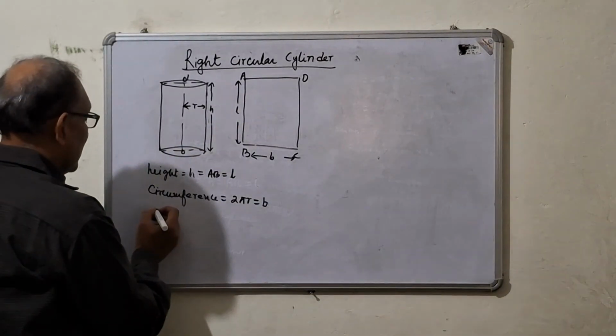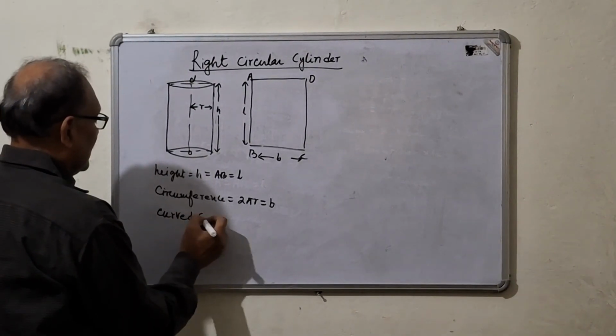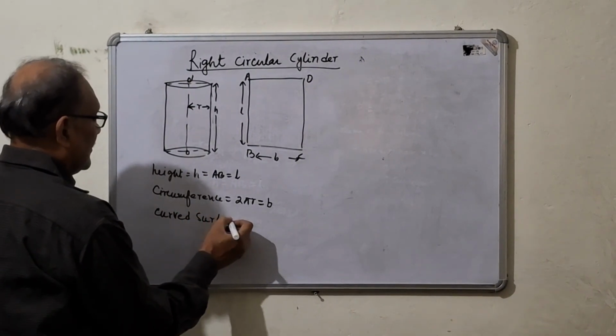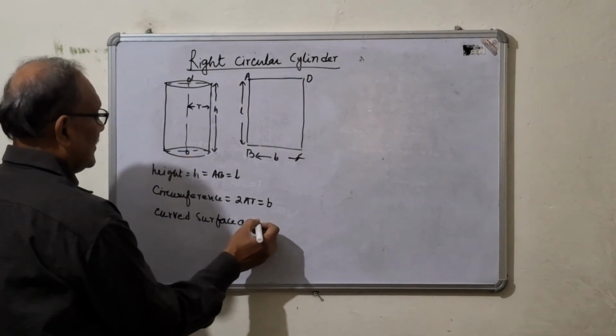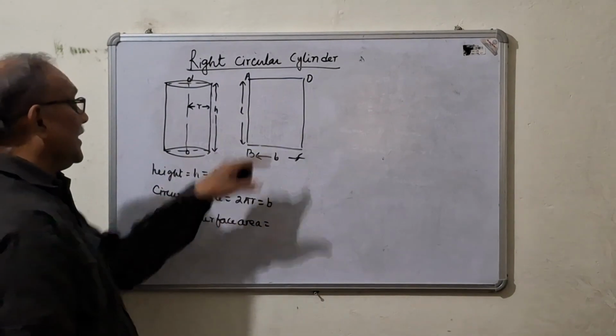So curved surface area will be equal to the area of the rectangle ABCD.